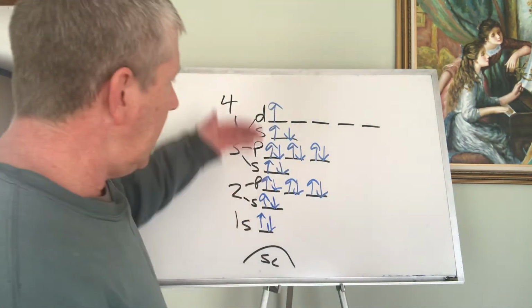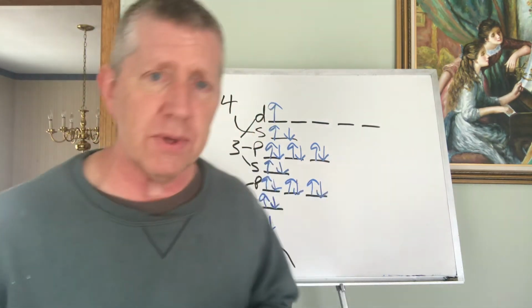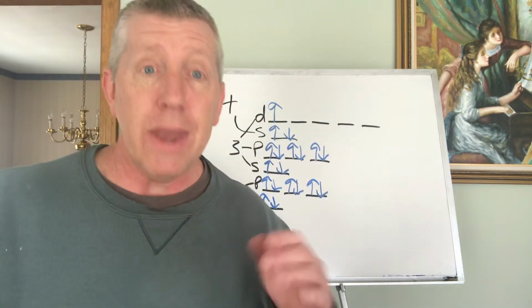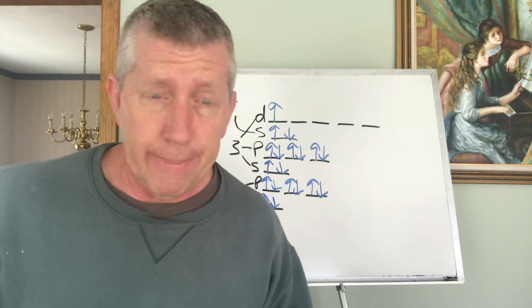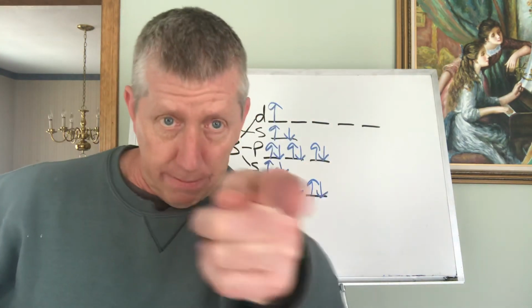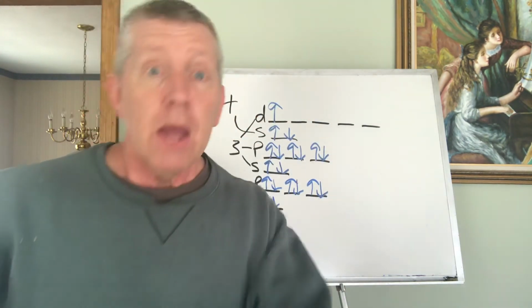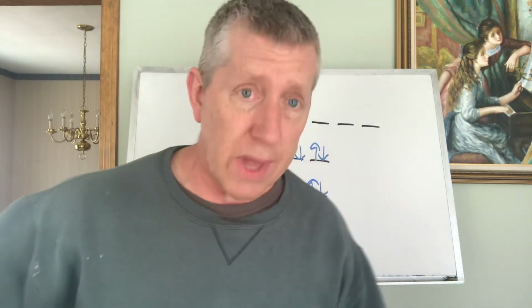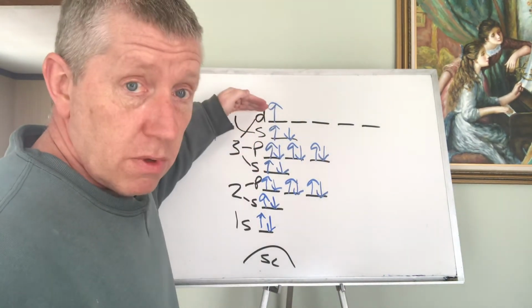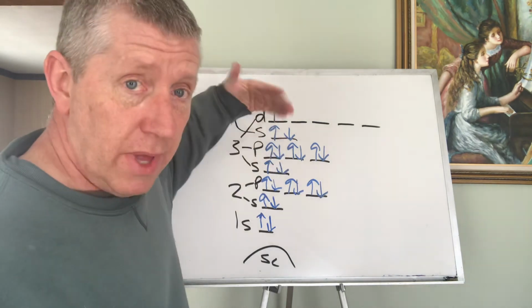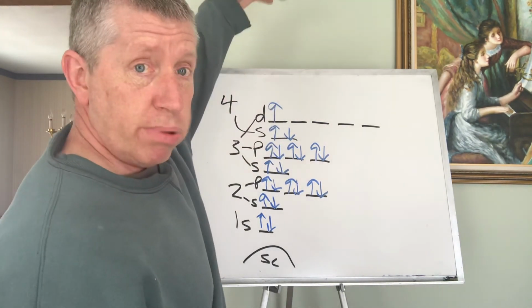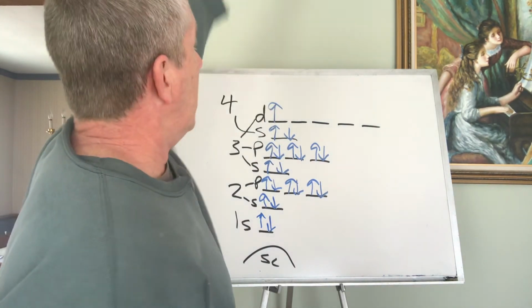As you go higher and higher in elements, imagine if we were doing this for element number 92, uranium. Not my uranium, your uranium. 92 electrons. This is only 21 electrons. If I want to accommodate 92 electrons, I'm going to need a much bigger board.